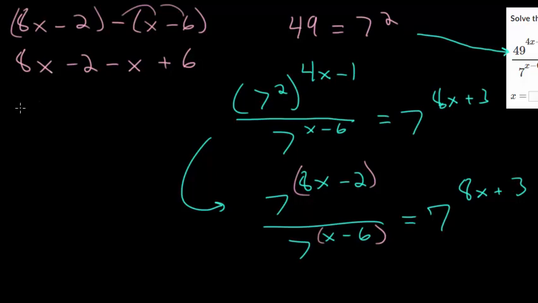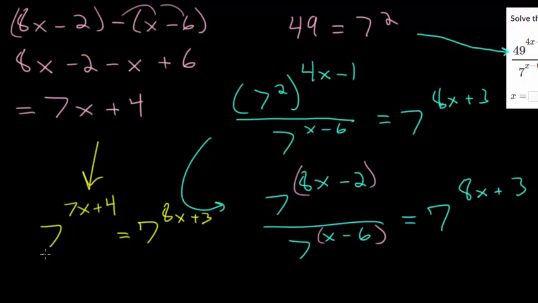Now let's simplify. 8x minus x, that's 7x, minus 2 plus 6 would be plus 4. So now we can rewrite the left-hand side where we have 7 to the 7x plus 4, and this is equal to this side over here, 7 to the 8x plus 3.